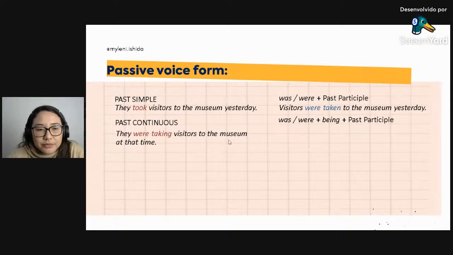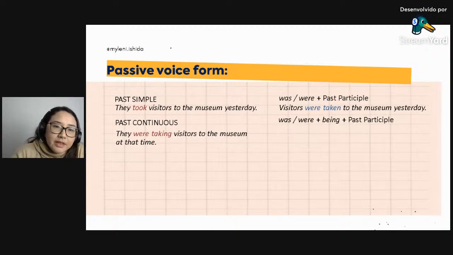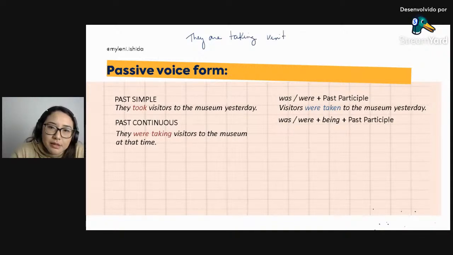Imagine here, we had also the present continuous. So we're going to do two exercises in one. I'm going to write here: They are taking visitors. This is the active.